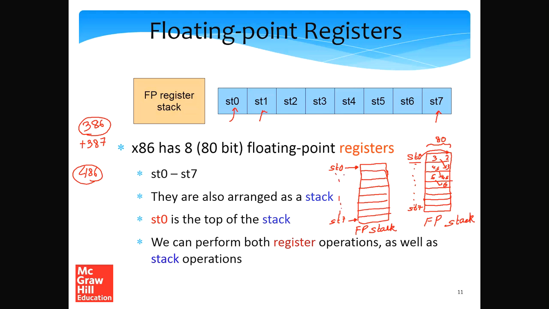So it's not a register in a registered sense. It only tells you, let's say for ST3, the third position from the top of the stack, or the fourth position in the stack, what is the value? So you can think of it as a numbered stack where it is possible to access the elements of the stack given its position from the top.